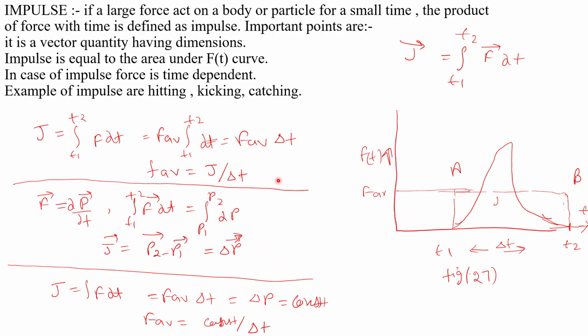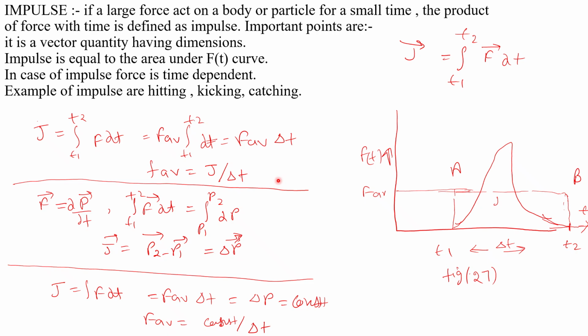The value of F average must be taken so that the area within the rectangle, shown in this figure, is equal to the area under the F-t curve. So F average equals J by delta t.